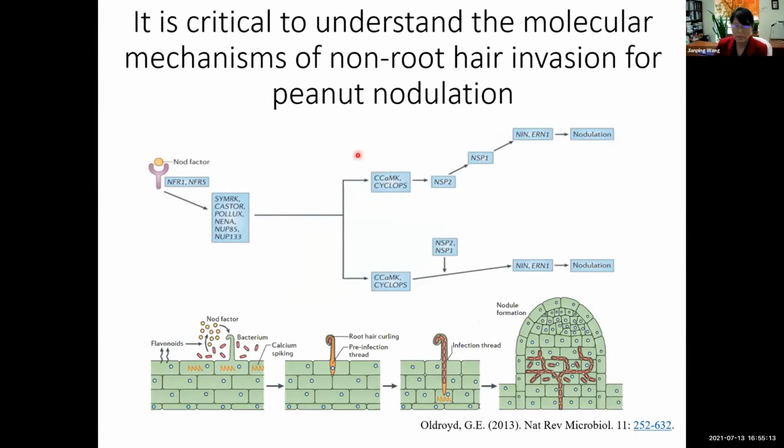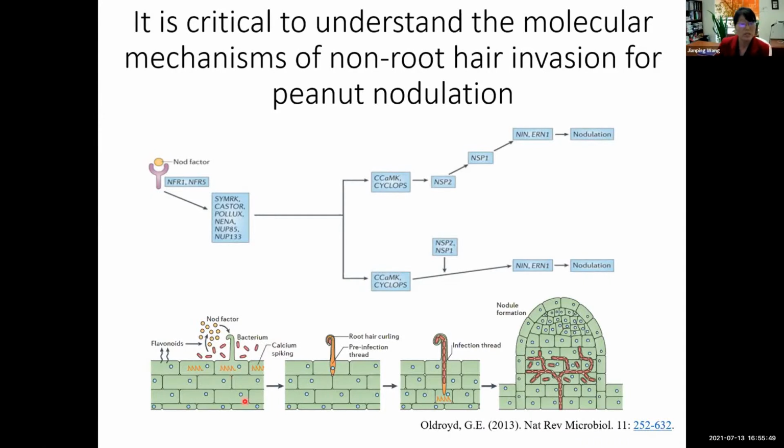However, as I mentioned, it is extremely understudied, so we refer to root hair invasion a lot. Here is the root hair invasion process. Basically, the root cells release flavonoid, which is perceived by the bacterium. That stimulates the rhizobia to produce a nod factor. Then the root hair senses the nod factor and recognizes it to produce calcium spiking.